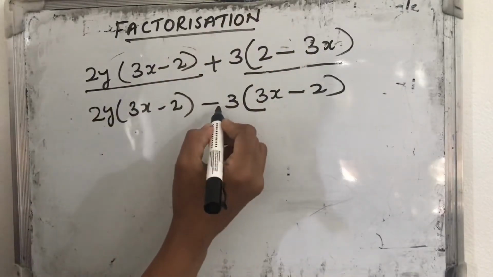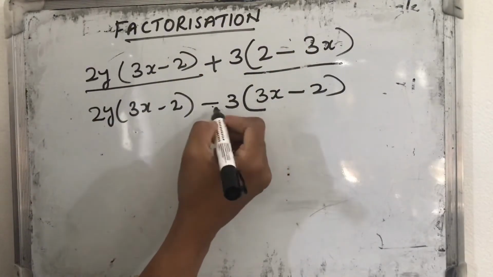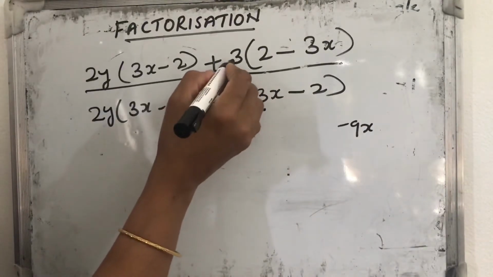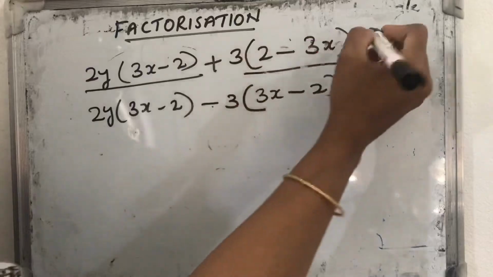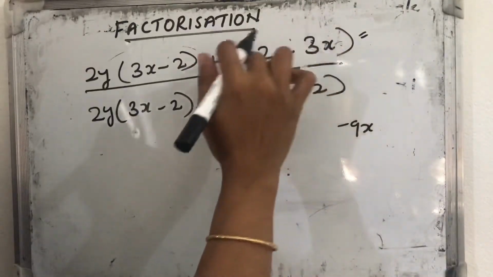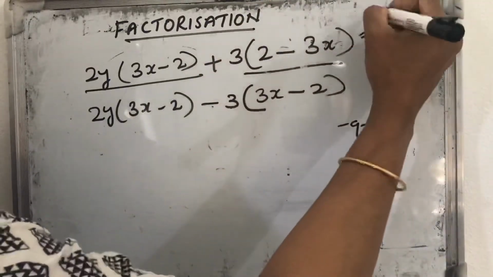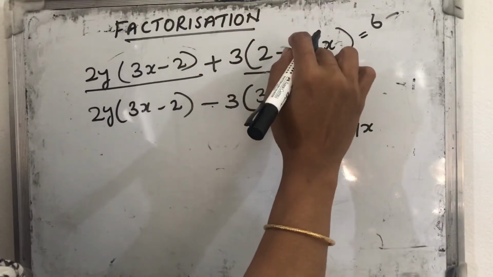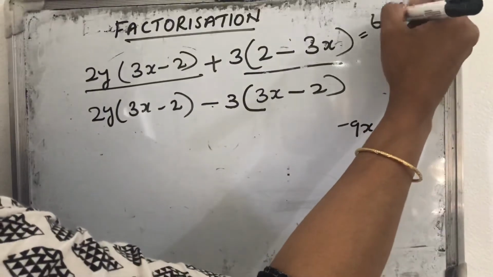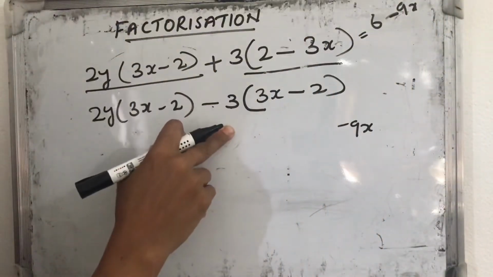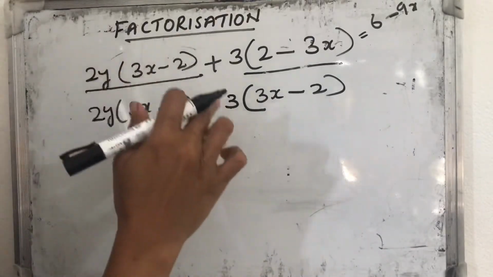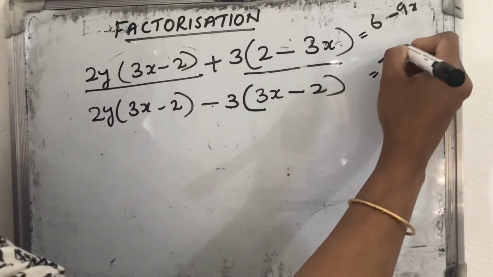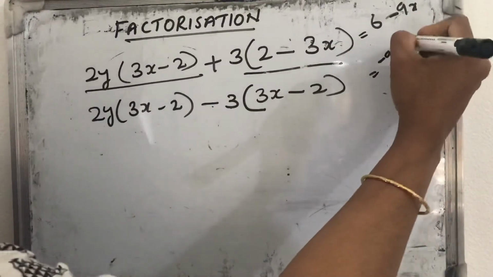Minus 3 into 3x is minus 9x, and minus 3 into minus 2 is plus 6.